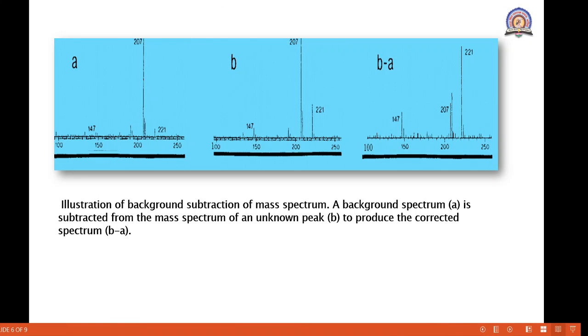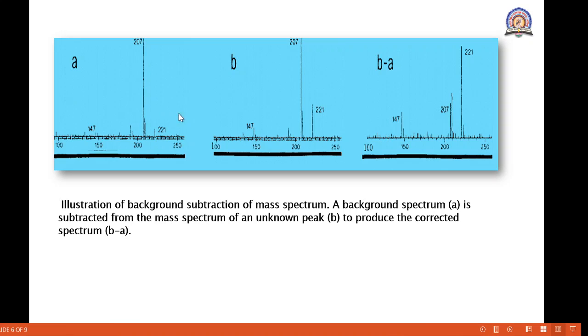Here also the figure is given. This figure is nothing but the illustration of background subtraction of the mass spectra. The first figure is obtained just before elution of the minor component. It means that when the first eluting compounds elute, at that time we take the spectrum, that is this A. Okay.